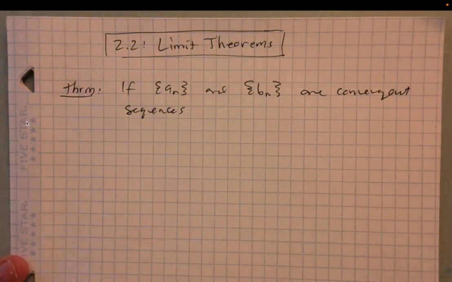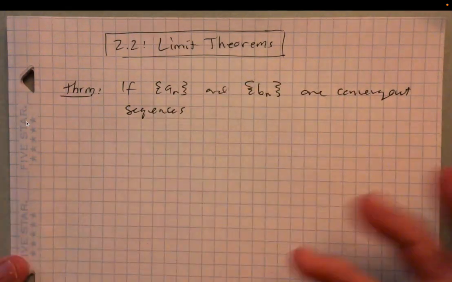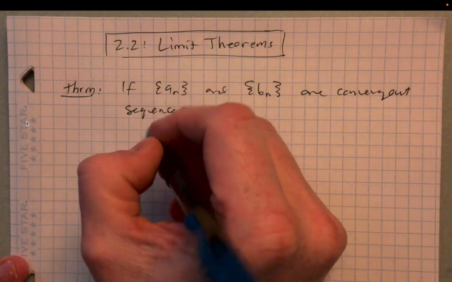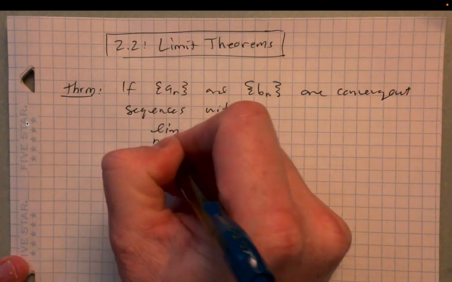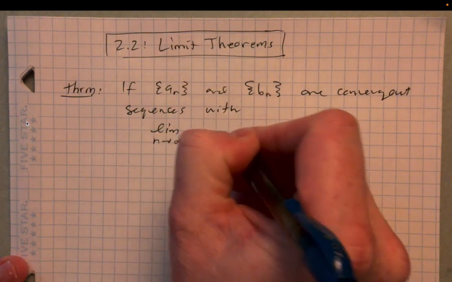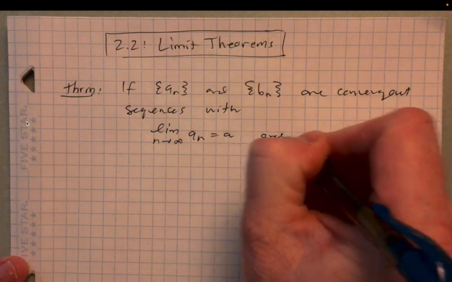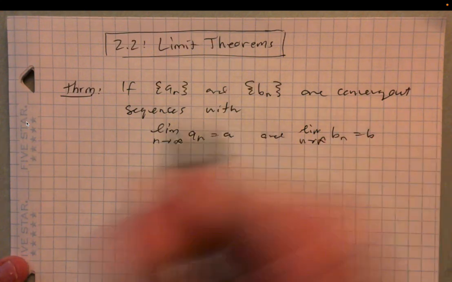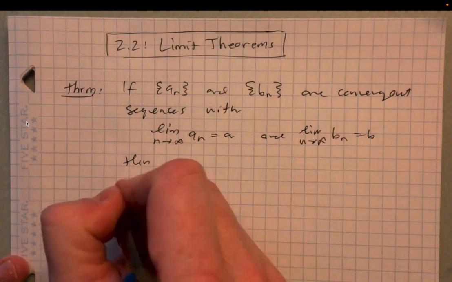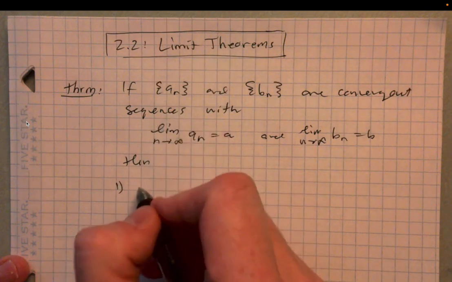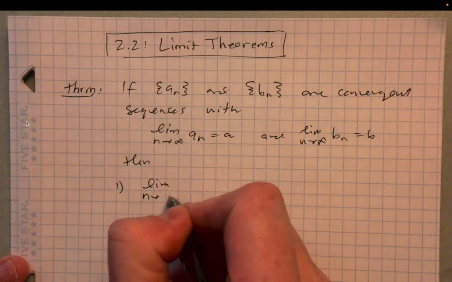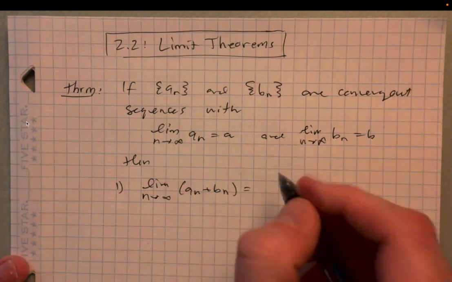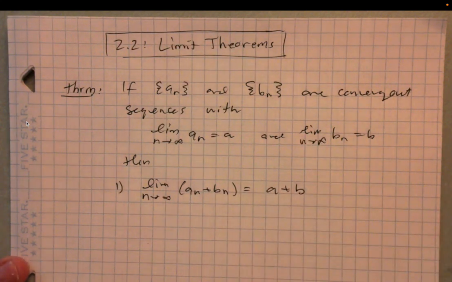These are convergent sequences of real numbers, with the limit as n goes to infinity of a sub n equal to a, and the limit as n goes to infinity of b sub n equal to b, then we'll have three parts here. The first one is that the limit of the sum a sub n plus b sub n is just the sum of the limits, a plus b.